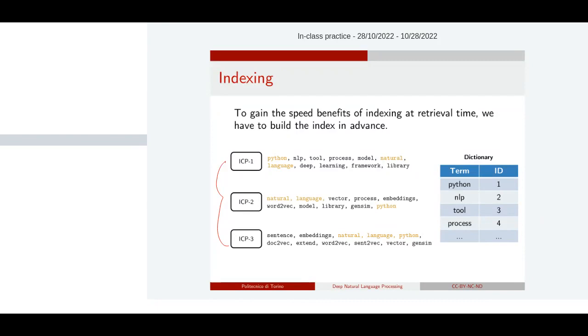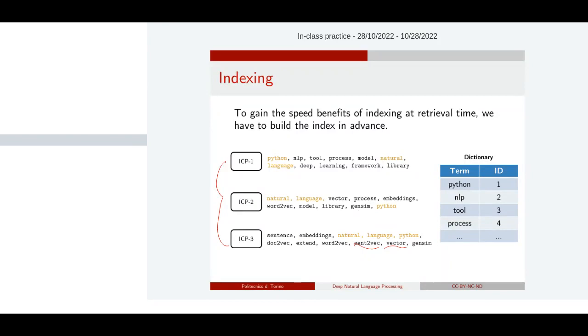The second one, of course, has natural language, because it's the main topic of all the in-class practices, but it also has vector, process, embeddings, word2vec, and so on. In the in-class practice 3, we talk about sentence embeddings. So instead of having only word2vec, gensim, and so on, we also have sentence embeddings, sentence2vec, vector, because it's shared with the first one. We have Gensim, which is shared with the first one, but it has some differences.